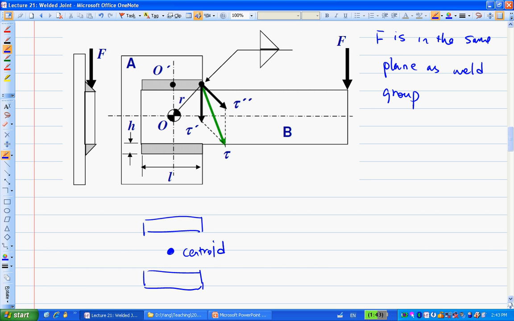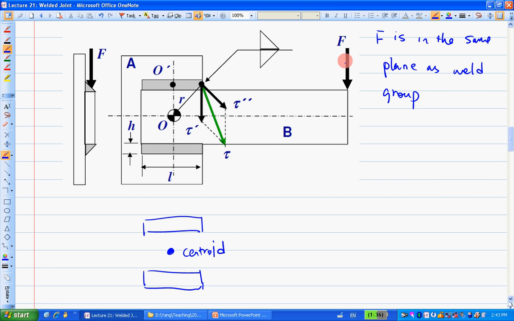Because this is symmetric, that's perfectly good, and it's right here, so you can easily find that. You might have an asymmetric weld group, then the centroid will be in a slightly awkward location like this one. However, you will have a table to facilitate this calculation. Just remember, this is the centroid here.